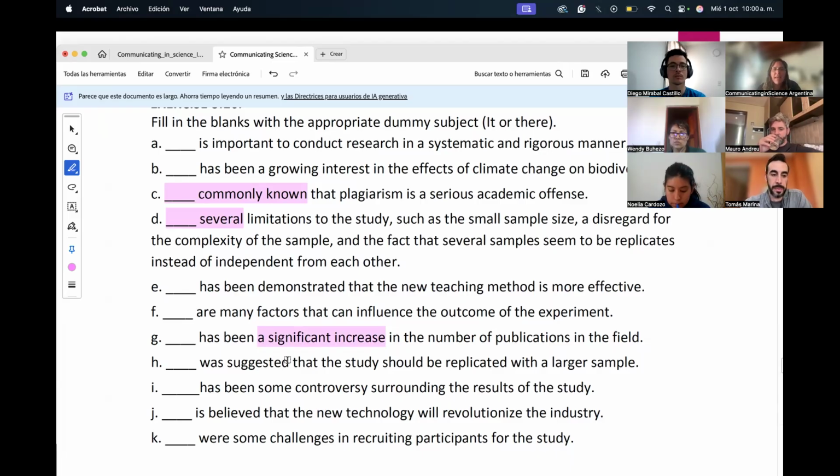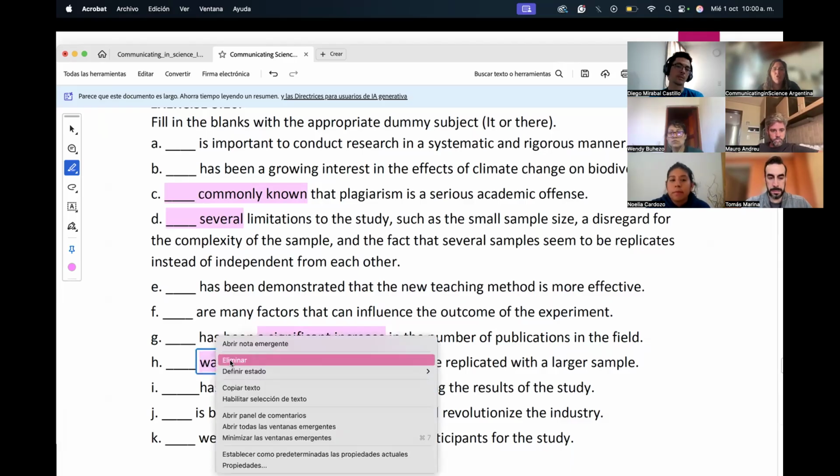Like in this case, do you see a noun here in the middle? We have study, but it's not directly after the verb. No, there is no noun.